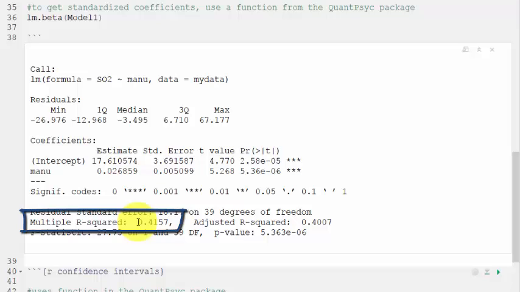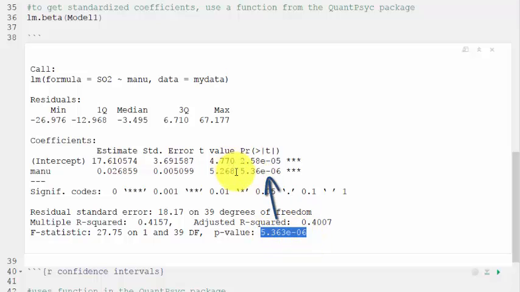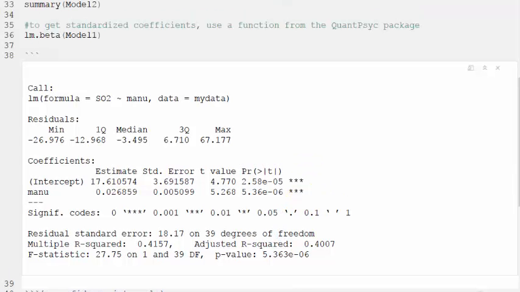Once you have more than one predictor, then those would not be the same, and that tells you the variance in y that's explained by x. So in this case, the variance in SO2 levels that's explained by manufacturing. And then again, it tells you degrees of freedom and a p-value for your overall regression. And notice that this p-value down here matches your p-value here. So really it's focused on your slope, not on your intercept.